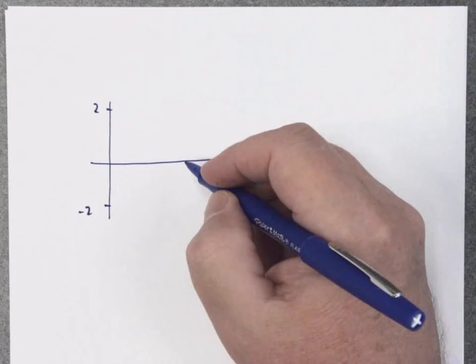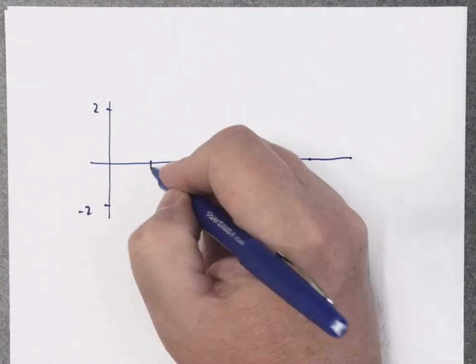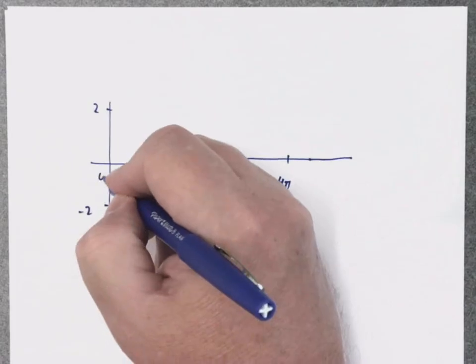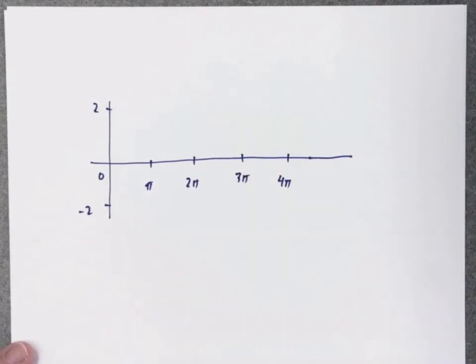My period's 4 pi. So halfway is 2 pi. Half of that is pi. Here is 0. And then 3 pi.